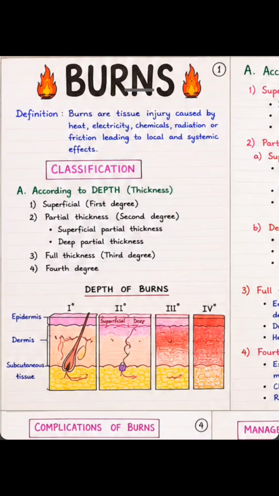The first is superficial first degree, then partial thickness second degree, which includes superficial partial thickness and deep partial thickness, then full thickness third degree and fourth degree. An easy way to remember: first is superficial, second is partial, third is full, and fourth is beyond the skin.